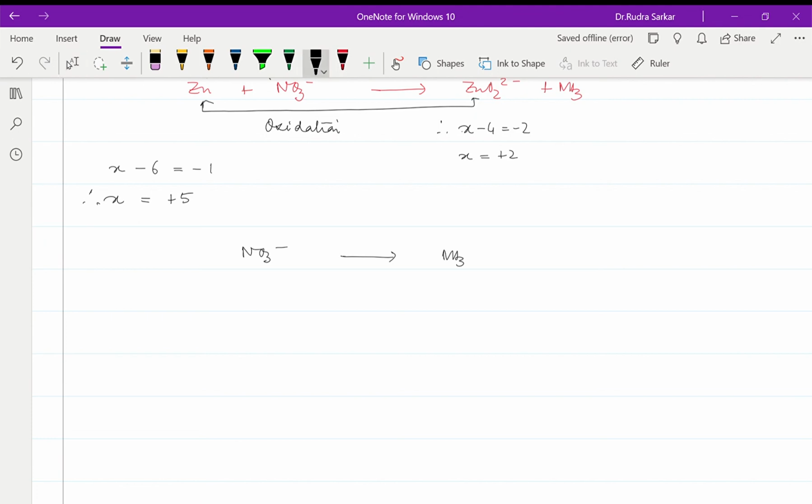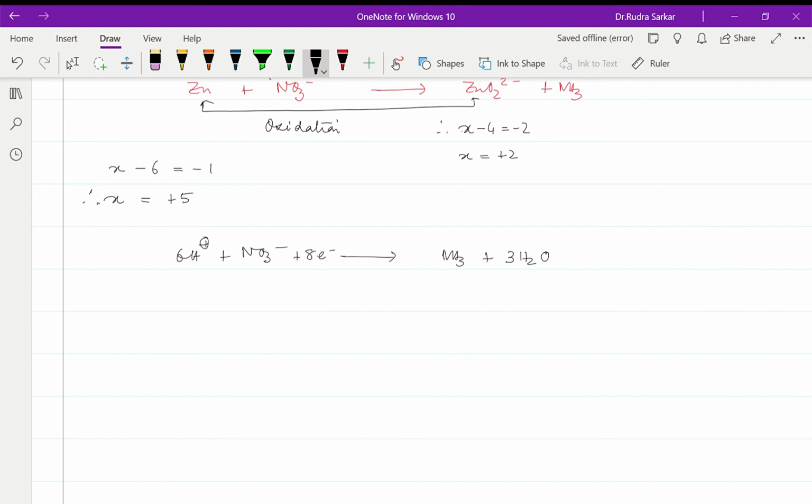So now again, this is an 8 electron reduction as I have said. So first of all, to balance the oxygen, we have to add water. So over here we add water, which is going to be multiplied by 3. Okay, for that now we will get 6 protons, which we add over here.